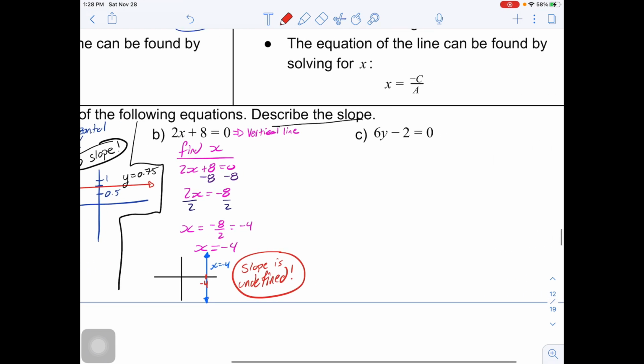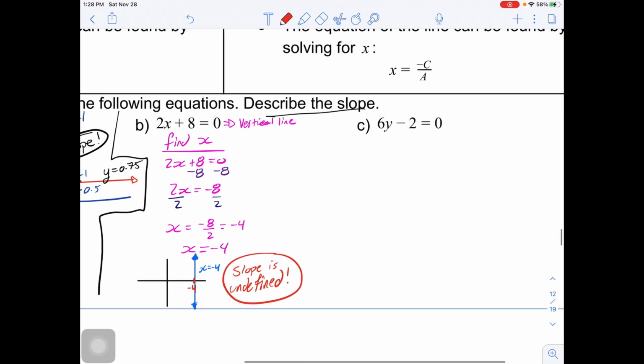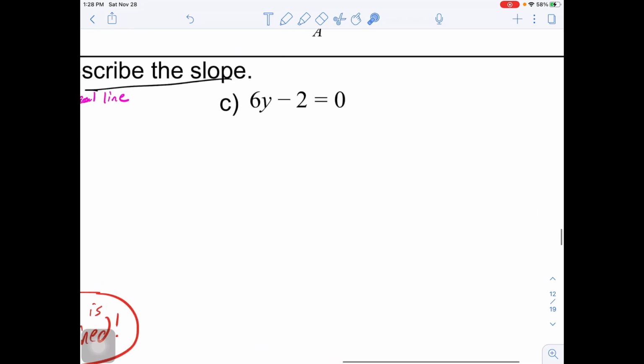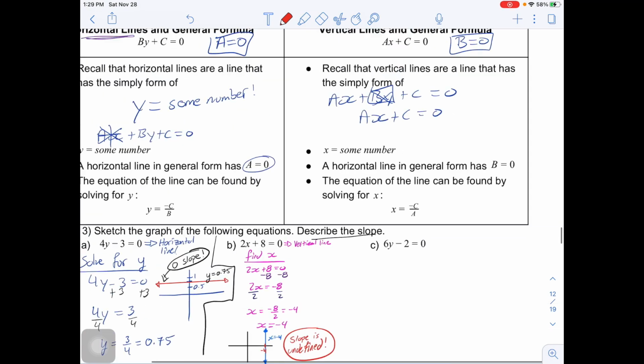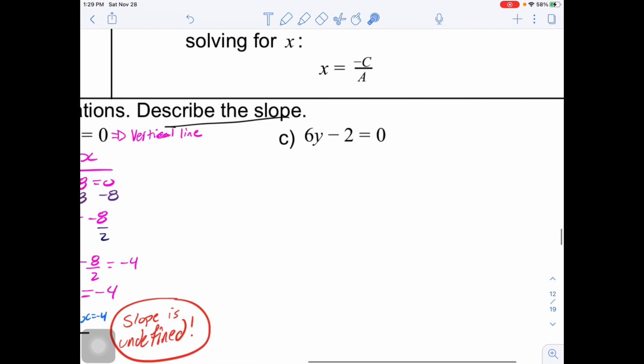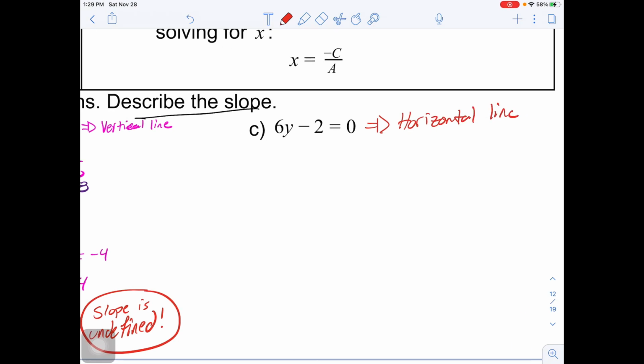And finally, we'll try out C here. So if you have any questions with A or B, please come and ask. Let's give C a shot. So first of all, recognize that A is equal to 0 again. So if A is equal to 0, well, then we're dealing with a horizontal line. Okay, and then we're just going to solve for y yet again.